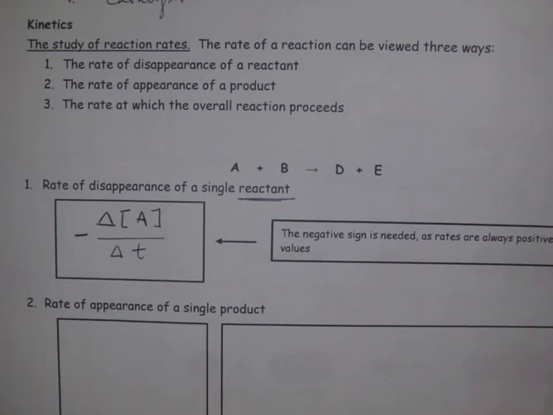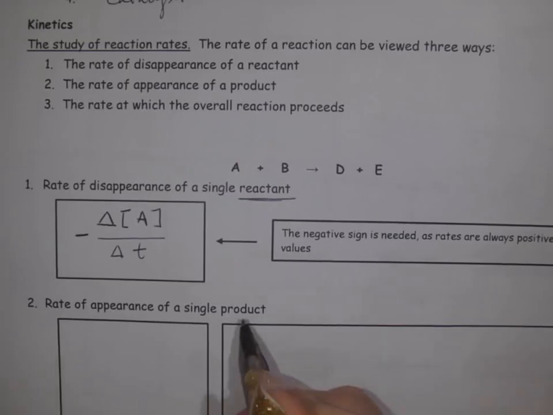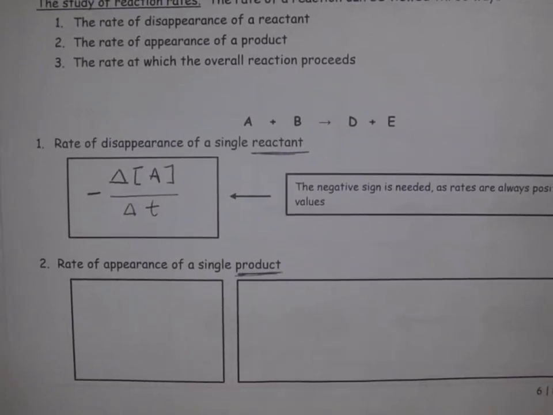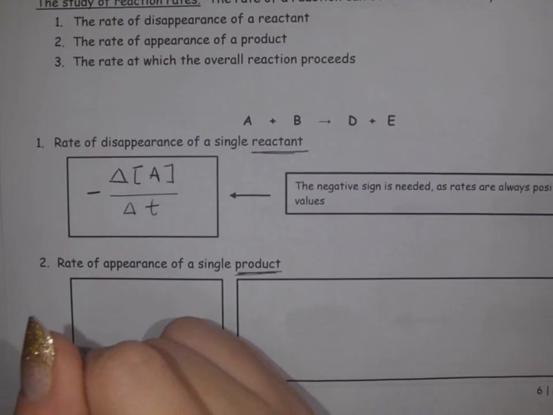Okay, and we need to apply this negative sign because it indicates that we're decreasing that concentration over time, whereas products are going to have a positive, right?